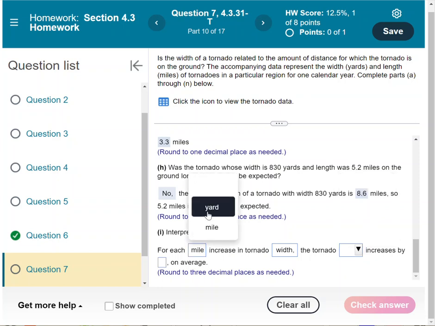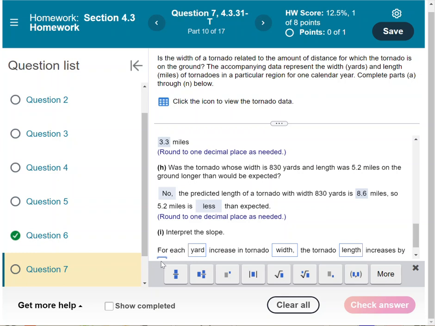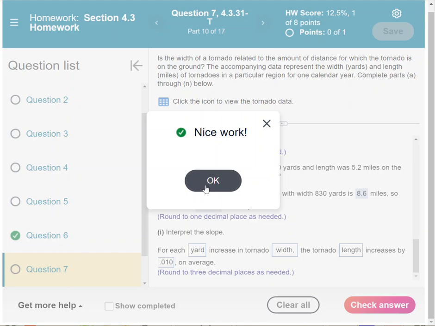Because we said our denominator was the width, which was in yards. So for each yard increase in tornado width, the tornado length increases by 0.01, or 1/100th, on average. Well, and actually they went to 3 decimal places. All right.